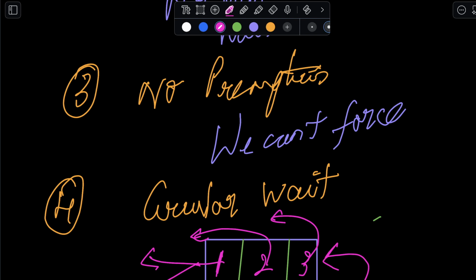So let's talk about mutex. This is a little bit confusing.